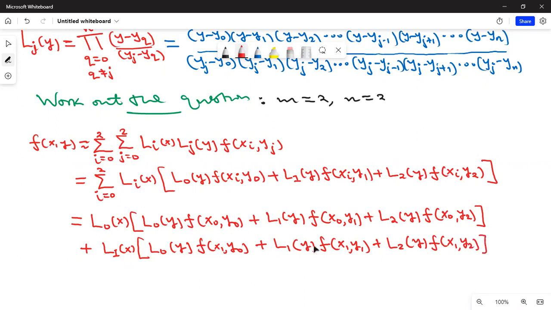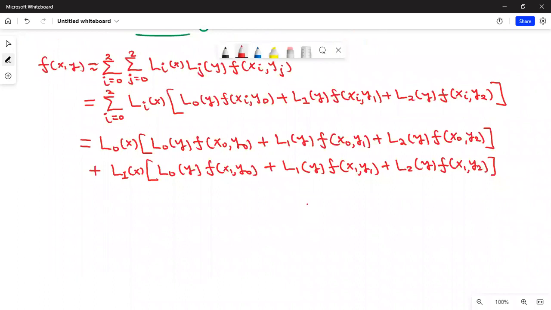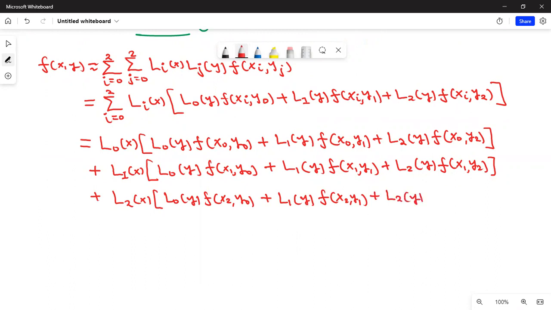And lastly, when i is 2, we get L2 of x times the entire bracket: L0 of y, f of x2, y0, plus L1 of y, f of x2, y1, plus L2 of y, f of x2, y2.